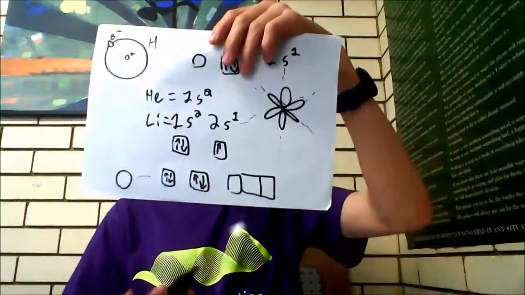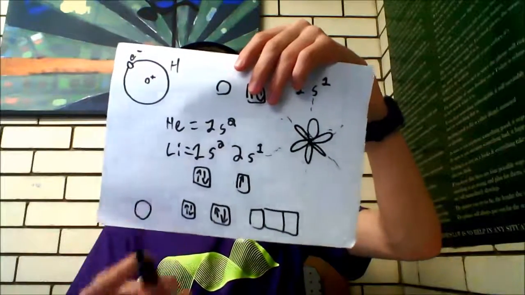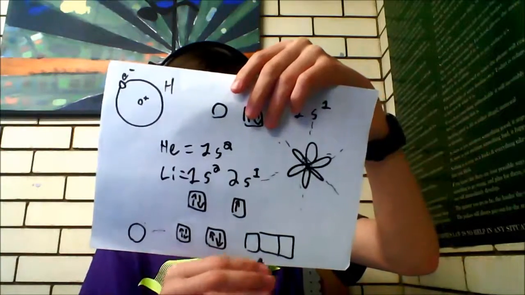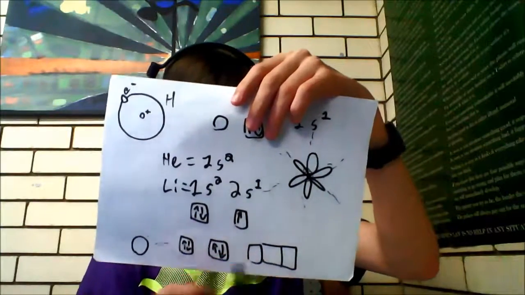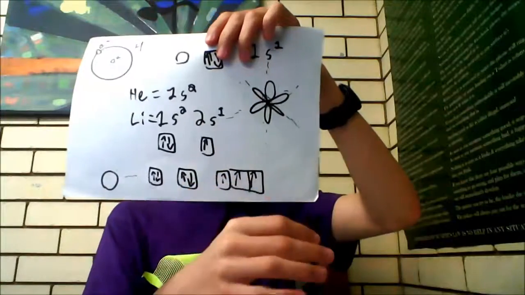Then we need to get, so that's the first shell, that's full. That's sweet. So that's kind of like its own little helium. This is the valence shell. So we've got 1, 2, we need 3, 4, 5, 6. So fill, and by fill I of course mean half fill, but these will go 1 in each first, because electrons don't really like to be together.